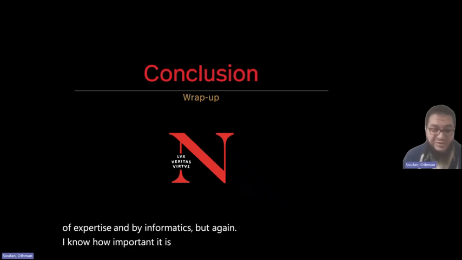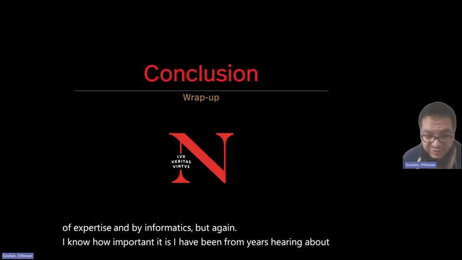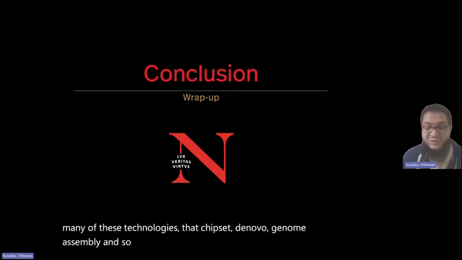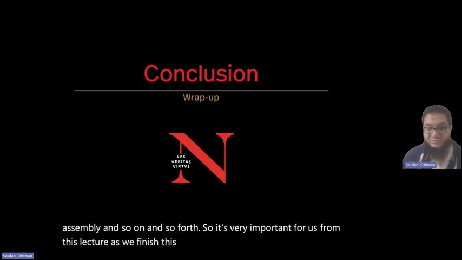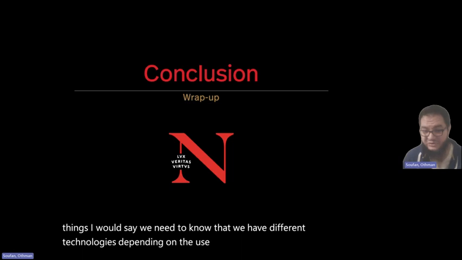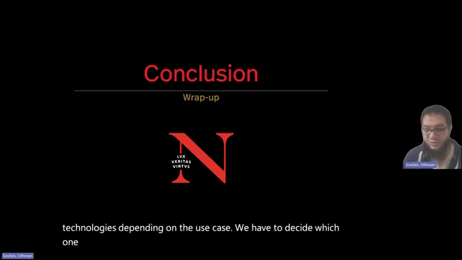I've been hearing for years about many of these technologies, ChIP-Seq, de novo genome assembly, and so on and so forth. So it's very important for us, as we finish this lecture, to understand that there are specific things. We need to know that we have different technologies. Depending on the use case, we have to decide which technology, which workflow, which pipeline.